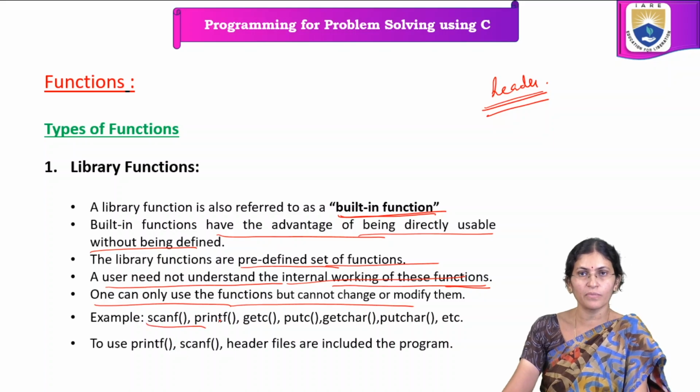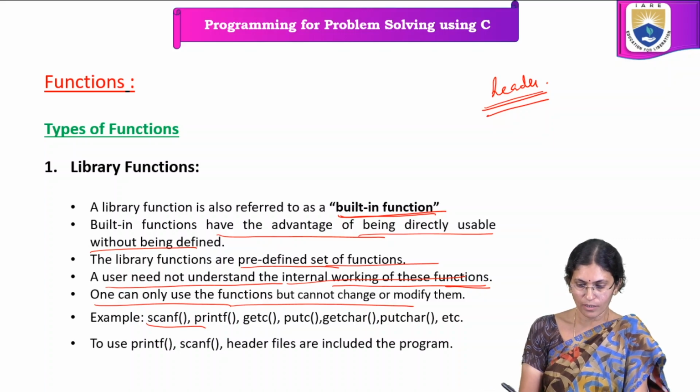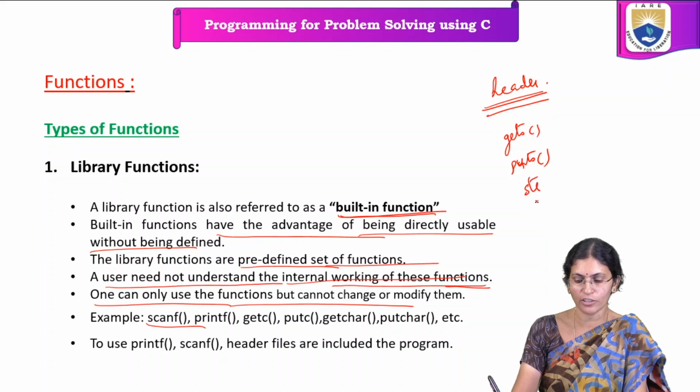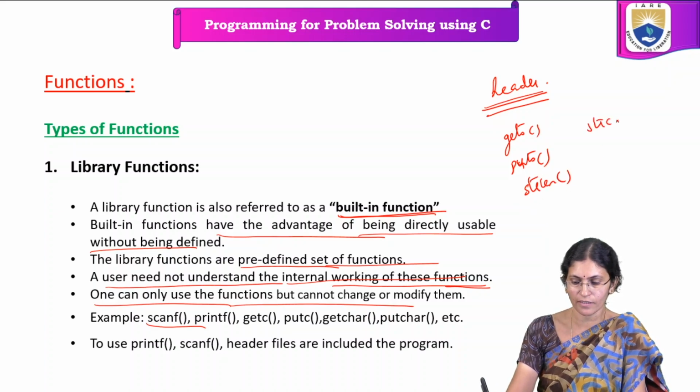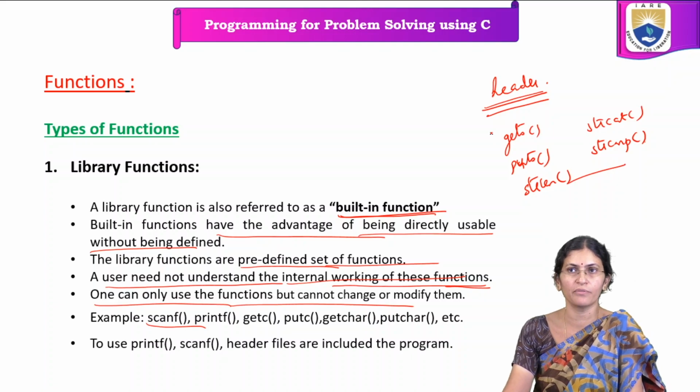Some of the examples of library functions are scanf, printf, getc, putc, getchar, putchar, etc. Apart from this, we have also seen gets, puts functions. Then in the previous video lecture, we have seen string functions: strlen, strcat, strcmp. All these are built-in or library functions.